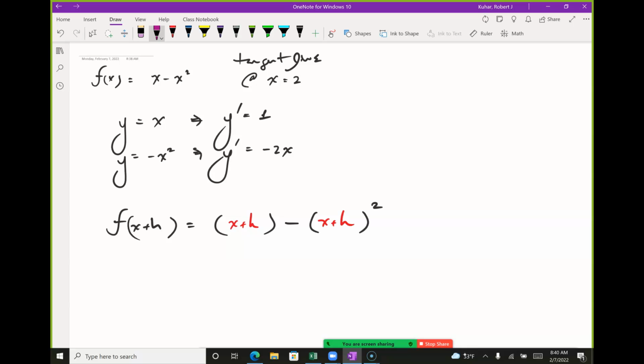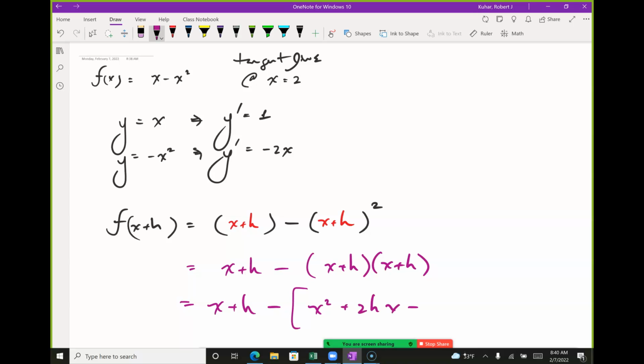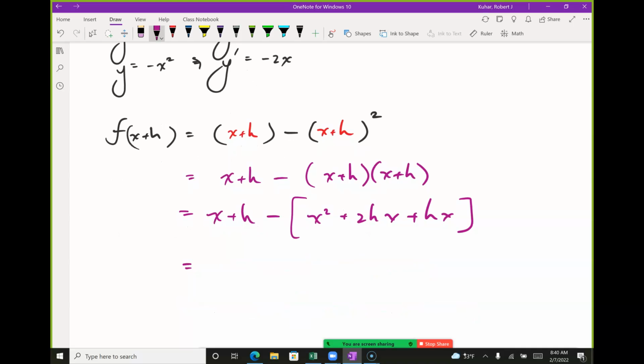You remember doing this in pre-cal, I'm sure. So I want to expand this out. And again, you're not copying me here. You're doing this work on your own because it's too easy. I'd rather you do it than copy. So I'm quiet because I'm just, oops, I made a mistake, plus h squared.